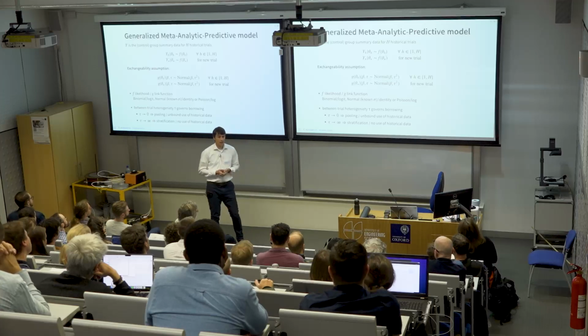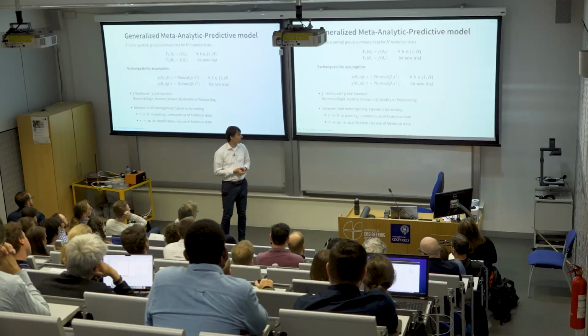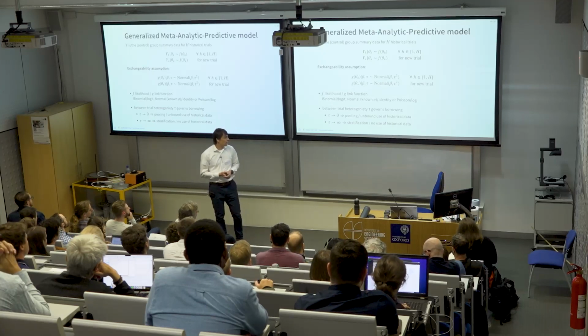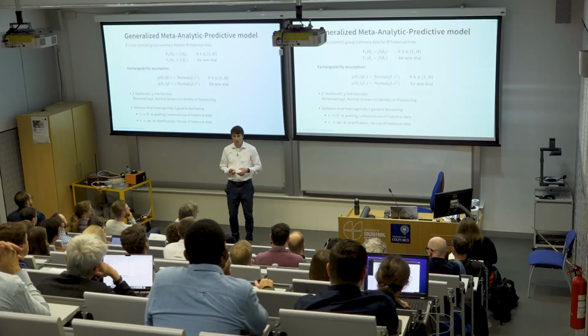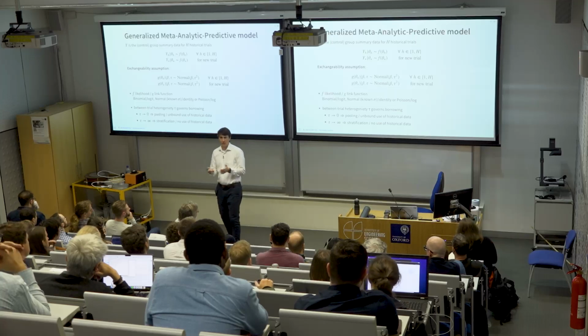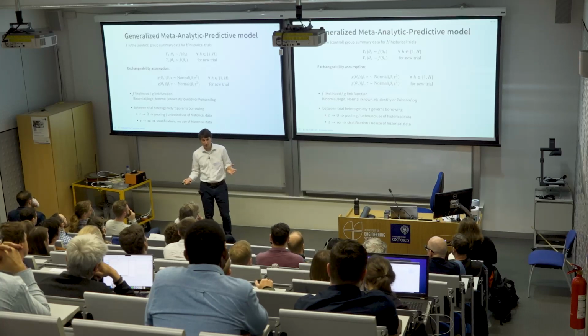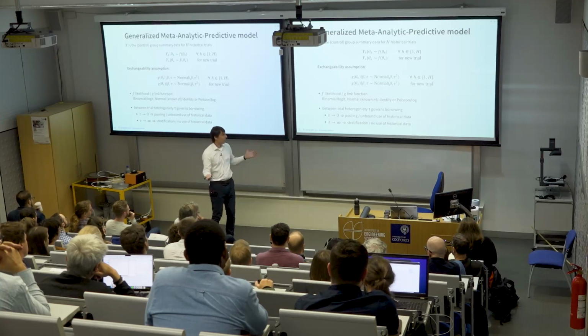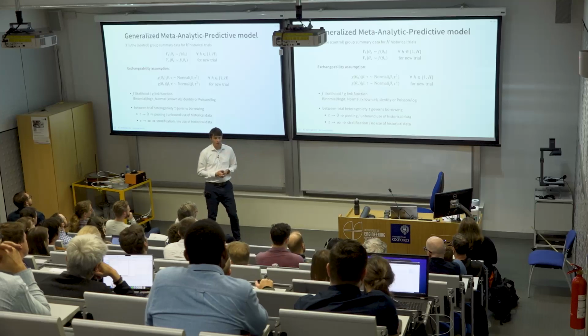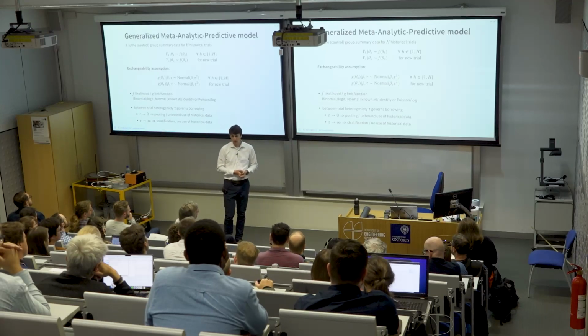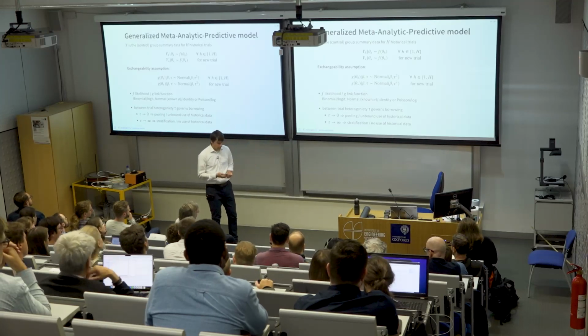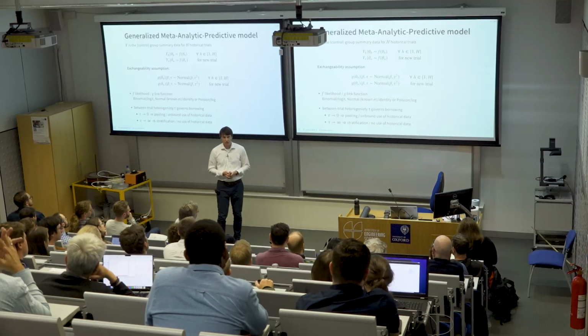If it approaches 0, we will pool the data, leading to an unbounded use of the historical data. If tau approaches infinity, meaning we have super large heterogeneity, we will stratify everything. The heterogeneity is so large that knowing something from the past doesn't help you at all for saying something about the future. So you will not use your historical data, basically. You will not have a prior in your hand in that case.